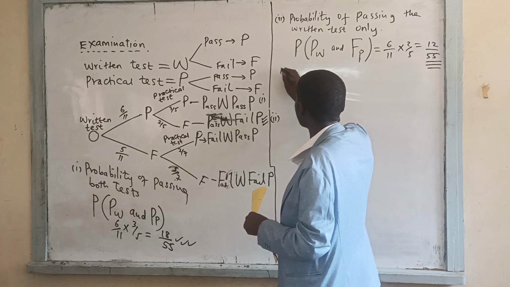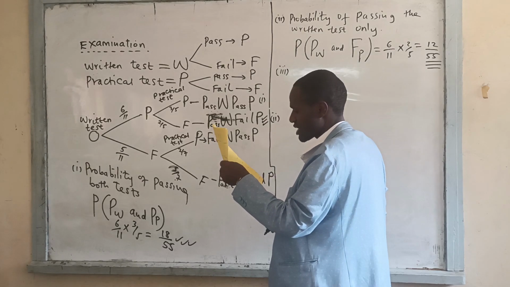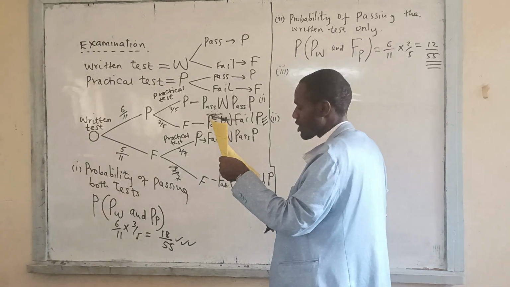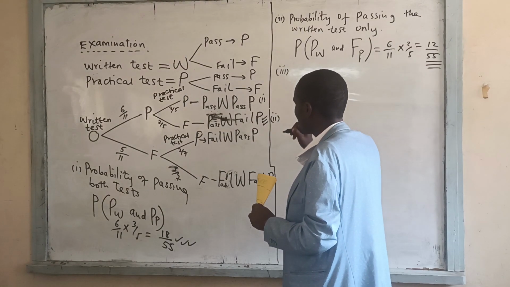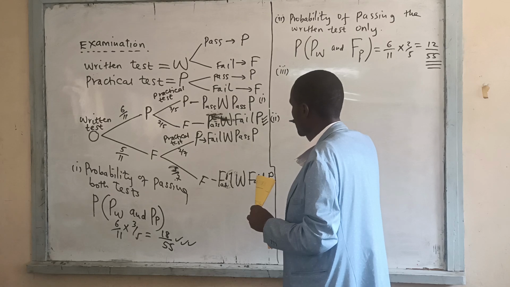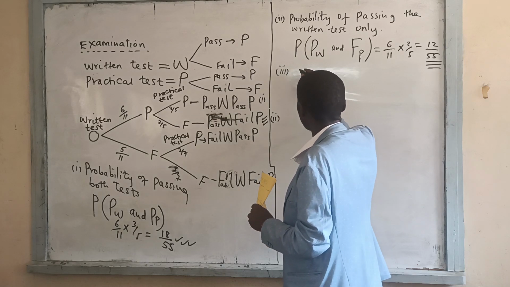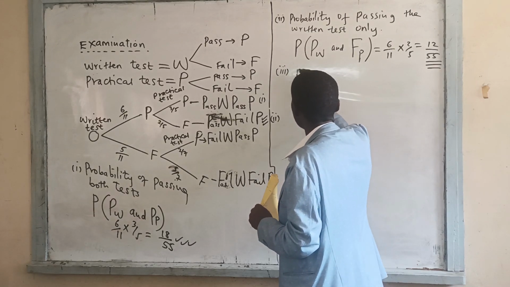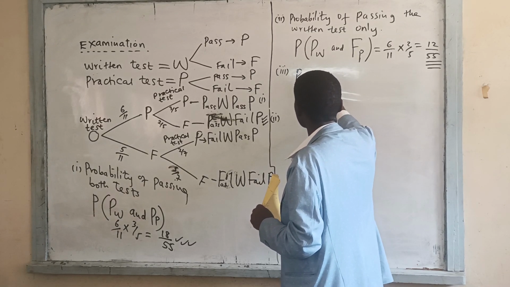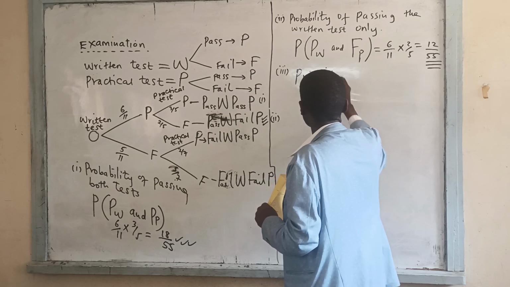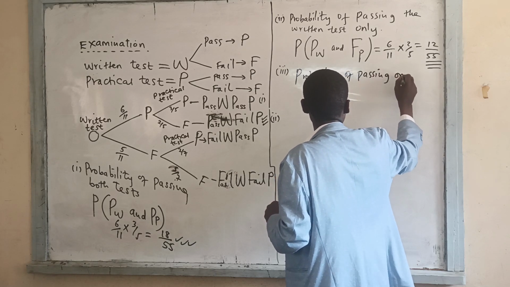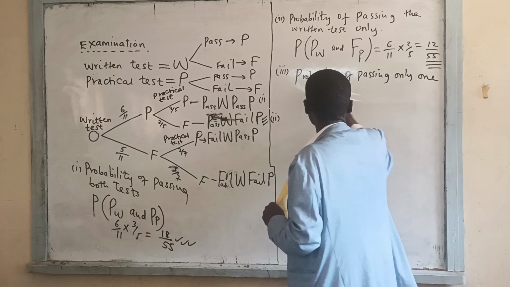Roman 3 states that we get the probability that a candidate passes only one test. So it can either be a written test or a practical test. So we shall say probability of passing only one test.